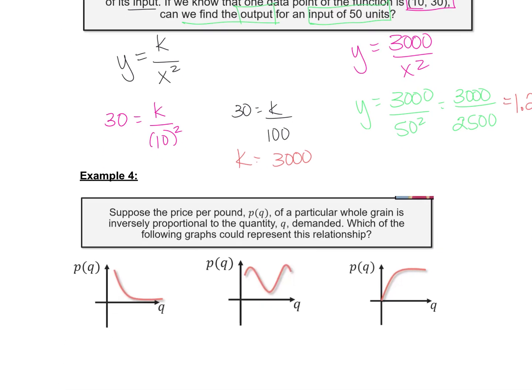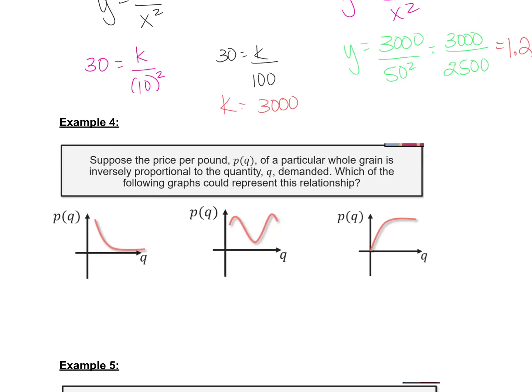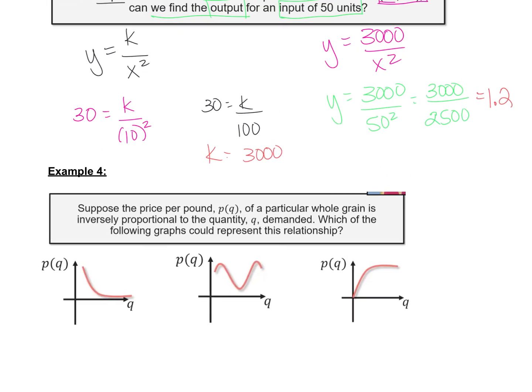Okay, let's look at it graphically. Suppose the price per pound, P of Q, of a particular whole grain is inversely proportional to the quantity Q demanded. Which of the following graphs could represent this relationship? So we're looking for something that's inversely proportional, which means one of two things has to happen. If X increases, what does Y do? Decrease.